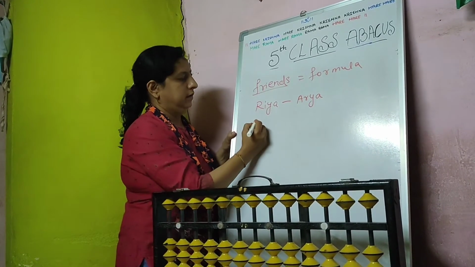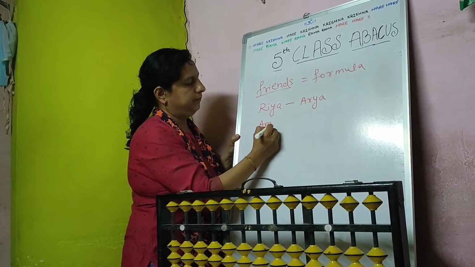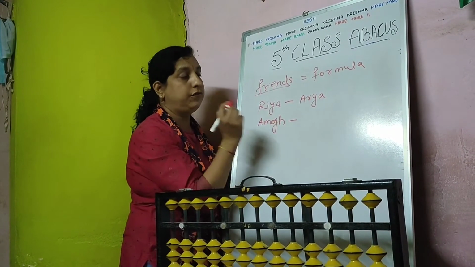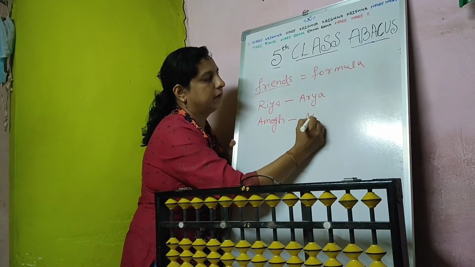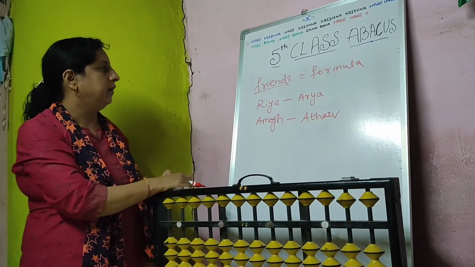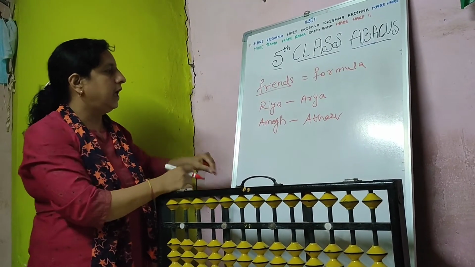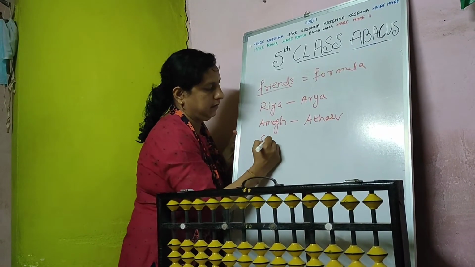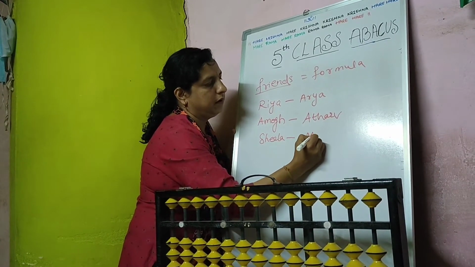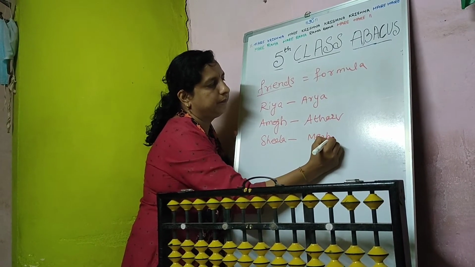And Amog has a very good friend, Atharva. Like that, Sheila has got Meghana.